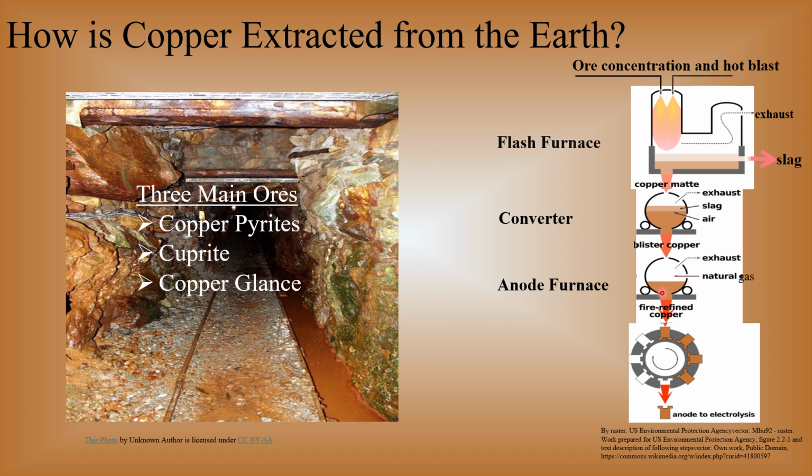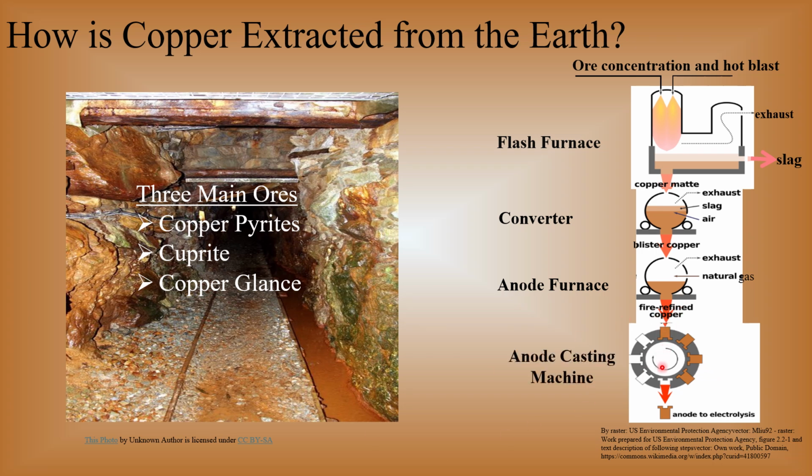In the anode furnace, more heat is added and more water particles are sent out with any other natural gases involved. We are now left with fire-refined copper. In this product, it's about 90% pure copper.